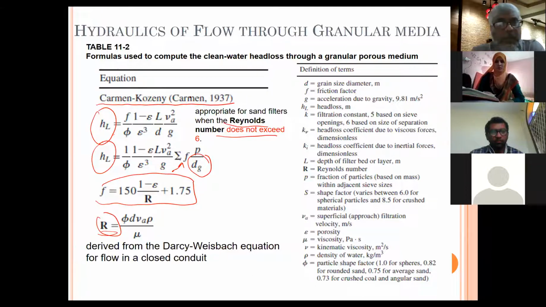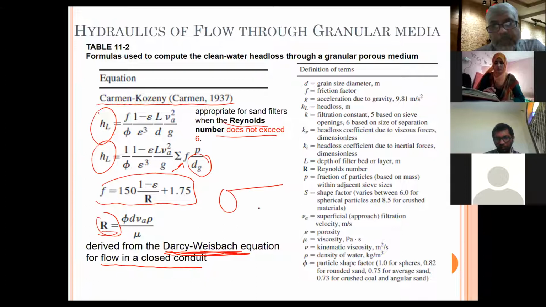The Carman-Kozeny equation is derived from the Darcy-Weisbach equation. The Darcy-Weisbach equation talks about flow in closed conduits, meaning if you have a pipe, you can use this equation to find the head loss in the pipe.